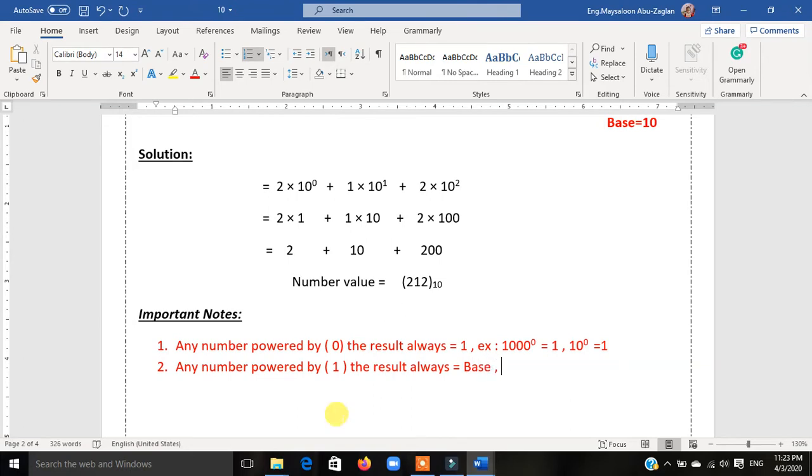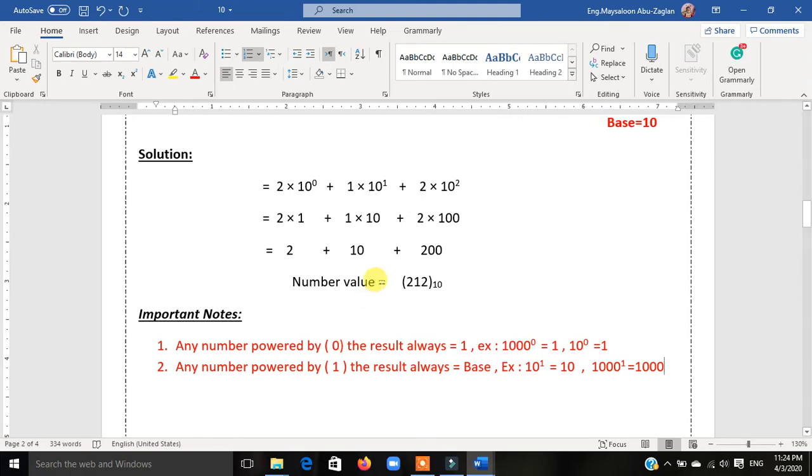That means if I say 10 powered by 1, it will be 10. Another example: if I say 1000 powered by 1, it equals 1000. These are two important notes I need you to always keep in mind.